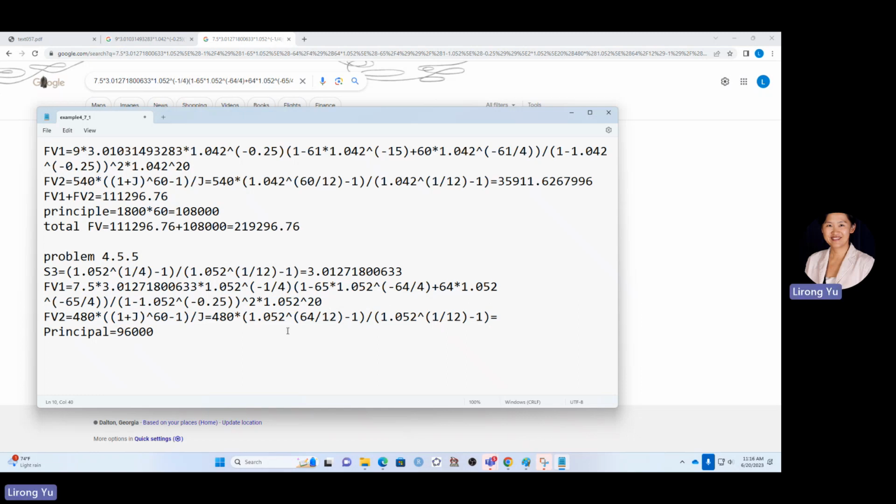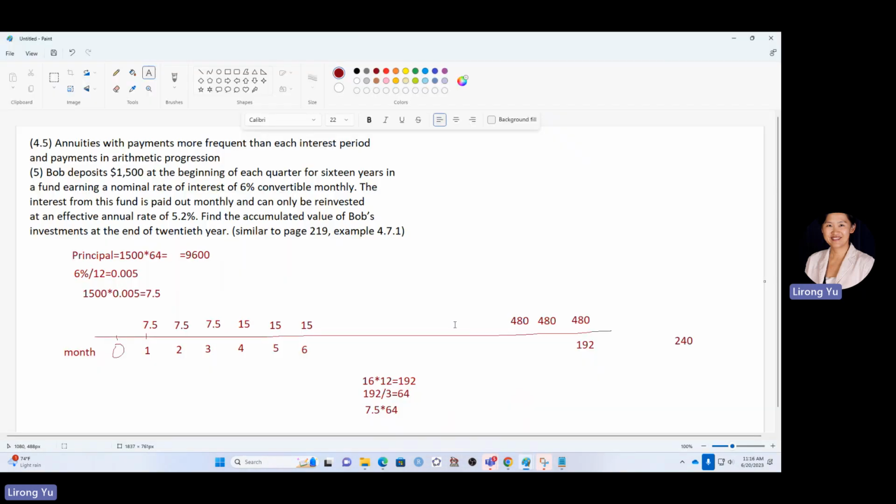Oh yeah, the payment after the 480. How many of them? Maybe that was wrong. This is 190, this is 240. After that is 480 the whole time. The number of 480 payments is going to be 240 minus 192, and the number of payments is actually 48. 240 minus 192 is 48 payments.